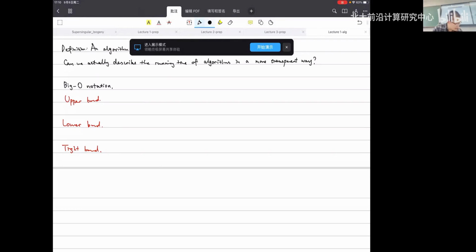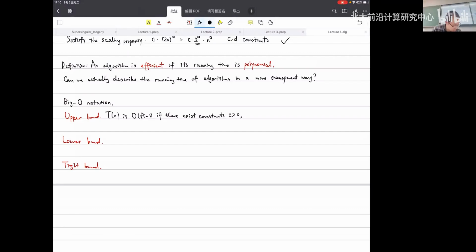We say a function T(n) is big O of f(n) if there exist constants c larger than 0 and n0 such that for all n larger than n0, we have T(n) smaller than c times f(n).